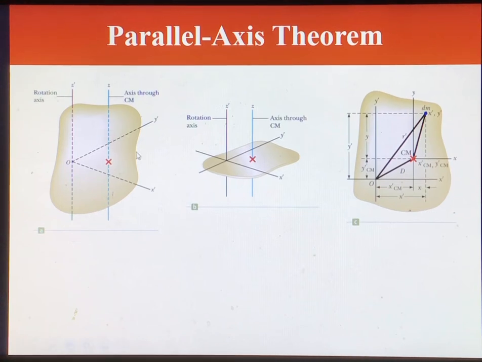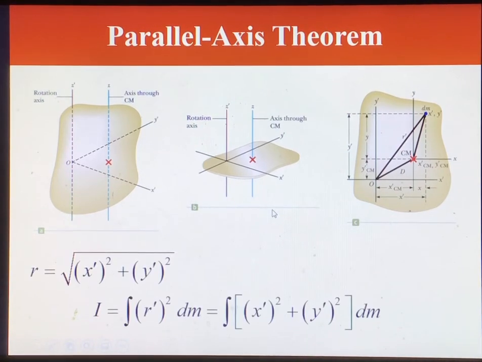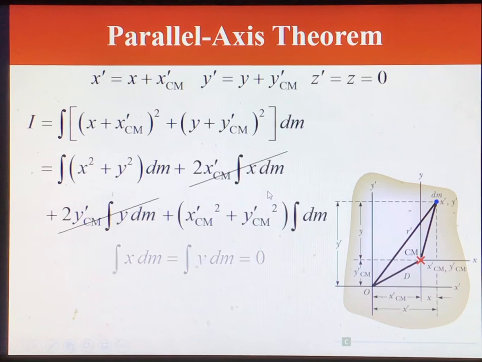So what we need to keep in mind is that, suppose that we have two axes. One of them is the axis that goes through the center of mass, and then one of them is the new axis, and I want to calculate my I value about this new axis. There is a whole bunch of derivations that we can do here, but I'm not going to go into all of this.